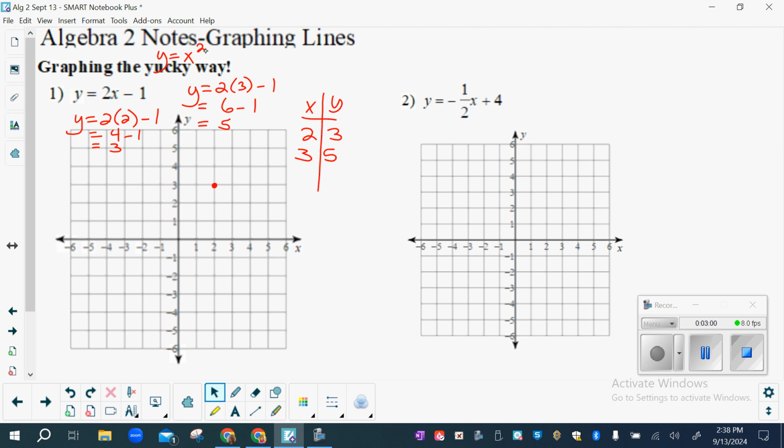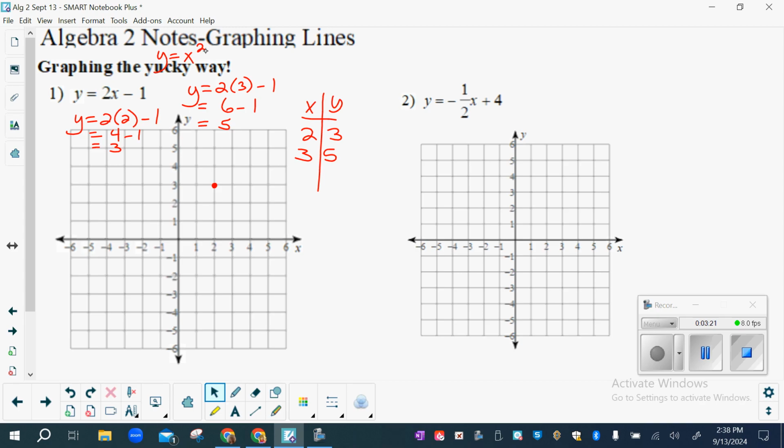Is it different than this here? Yeah. What's different with the X squared? Exponent. The exponent of 2. We don't have any exponents on here except for this X, which would be a 1. Exponent assumes to be a 1. But we have just an X and Y, no exponents. That's going to be a line.